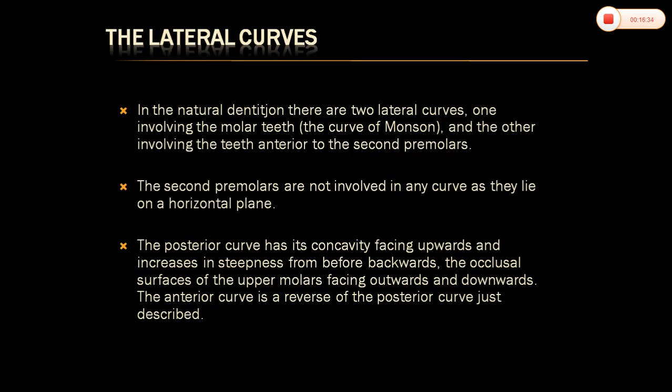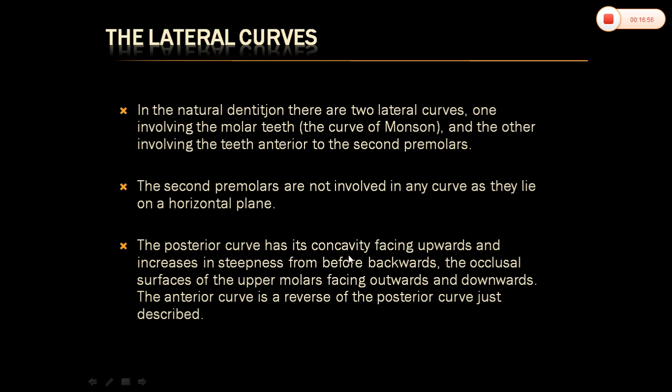Then coming to the lateral curves. In the natural dentition, there are two lateral curves. One involves the molar teeth, the curve of Monson, and the other involves the anterior teeth to the second premolars. The second premolars are not involved in any curve as they lie on a horizontal plane.